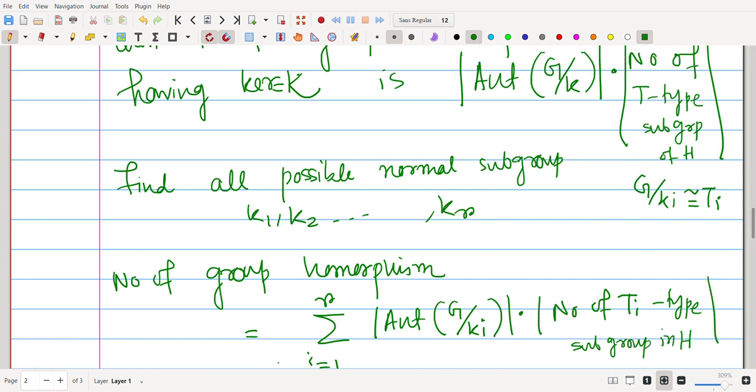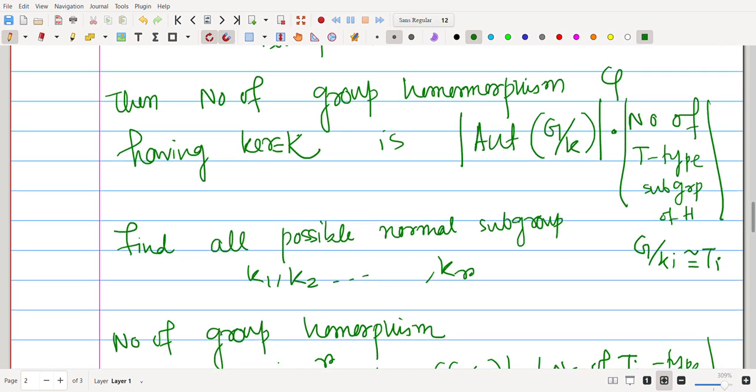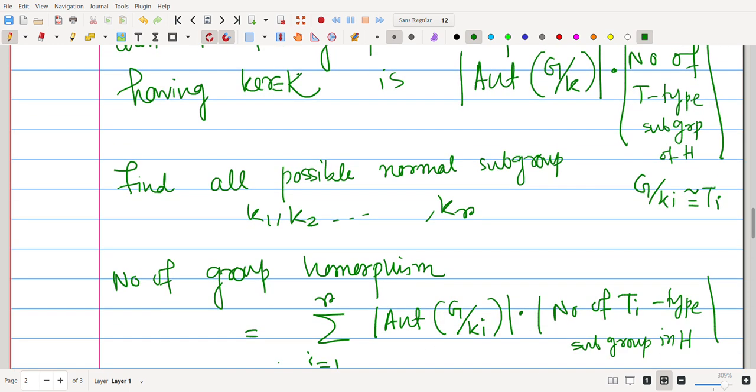Okay. So the important thing here is you have to find all possible normal subgroups. You need to see what the quotients look like, and then you have to compute how many subgroups of that same kind of quotient there are. The quotient G mod K is isomorphic to the image, so the image must be a subgroup of the codomain group.